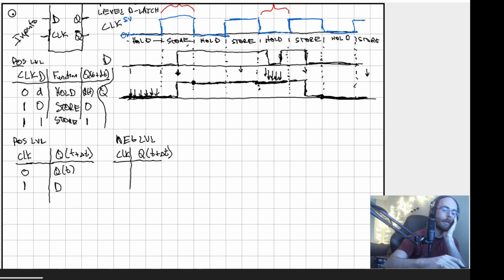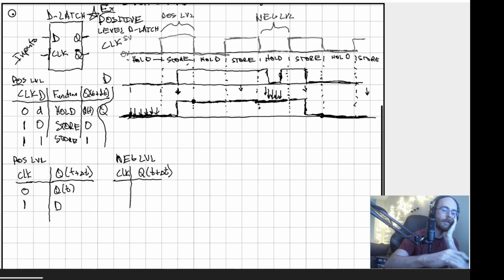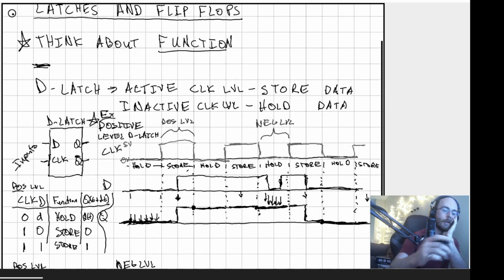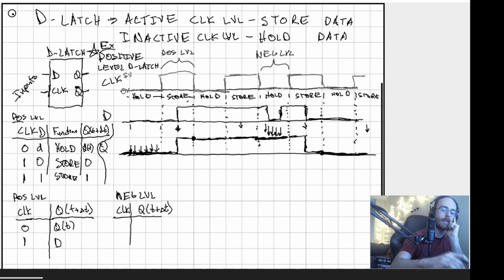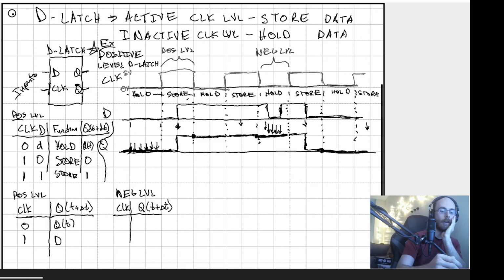So I'm going to scroll up a little bit and see if we can get the definitions back on the screen. So D latch, the active clock is store, inactive clock is hold. Pause the video now and try to fill in this negative level truth table.